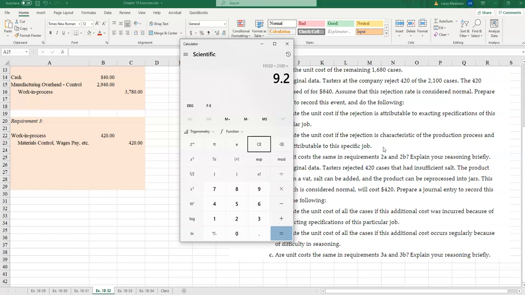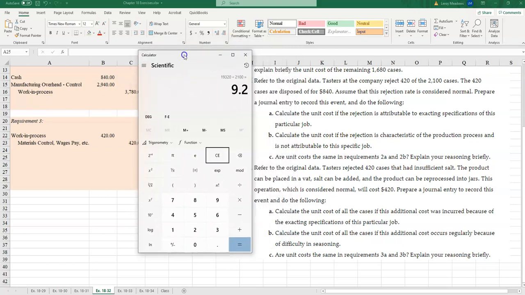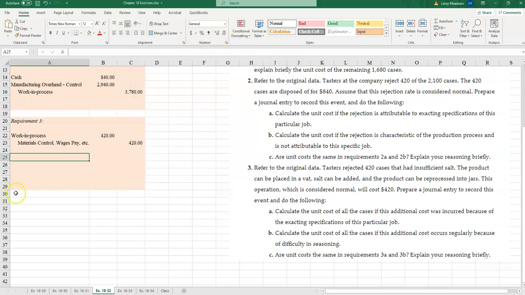But now let's take a look and see what we would do if this rework was attributable to all jobs, because this occurs regularly because of the difficulty in seasoning. Then what job would I charge? What account would I charge?